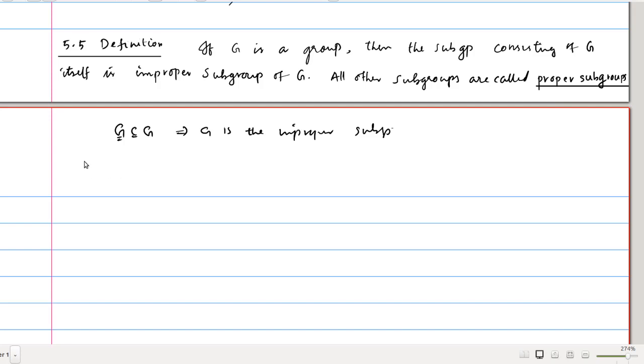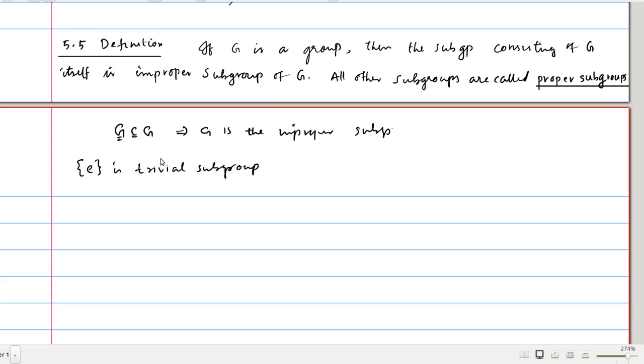And if we consider any group G, then we can easily consider the singleton set E, the identity element. We know that this is also a group with the binary operation of G. So this singleton set E is called the trivial subgroup.